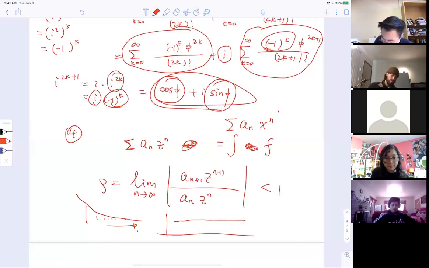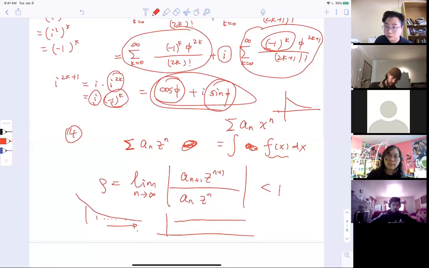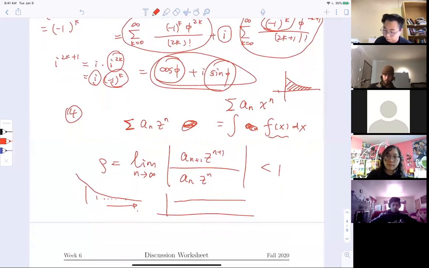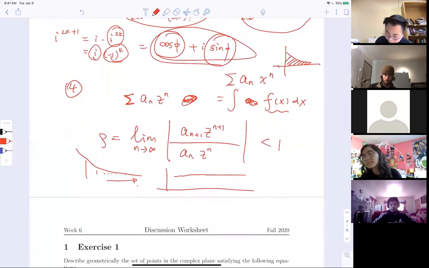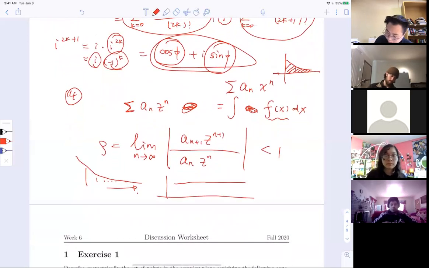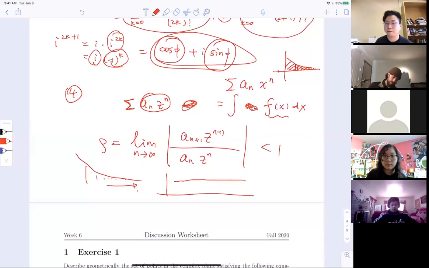Let's imagine you do an integral of a function. Of course, you want this integral to be smaller when your x goes to infinity to make the area under this curve finite, meaning that the value of this function becomes smaller and smaller, corresponding to the series becoming smaller and smaller for the discrete case.